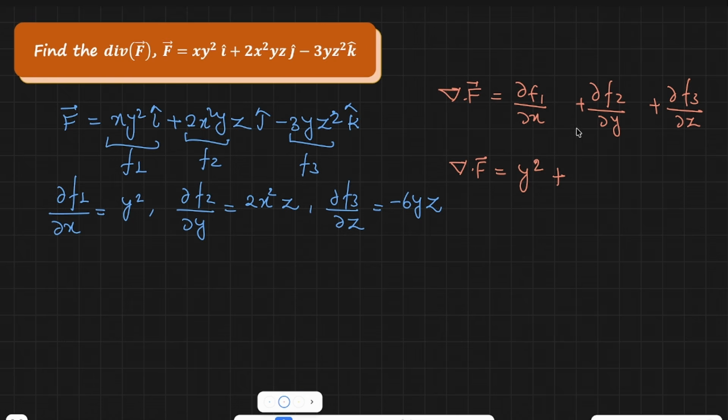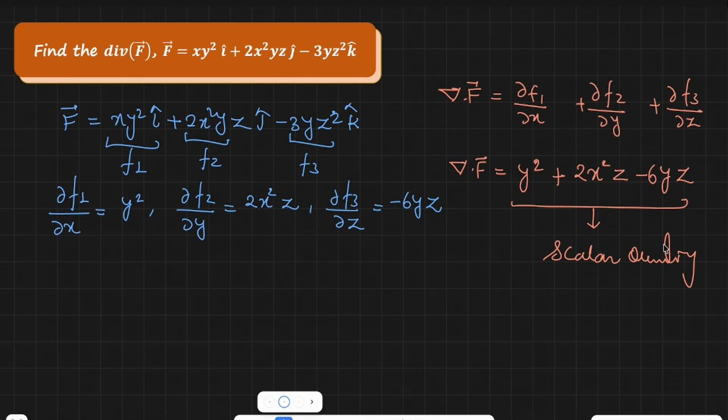Because it is a scalar quantity, see here there is no direction, that's why it is called a scalar quantity.